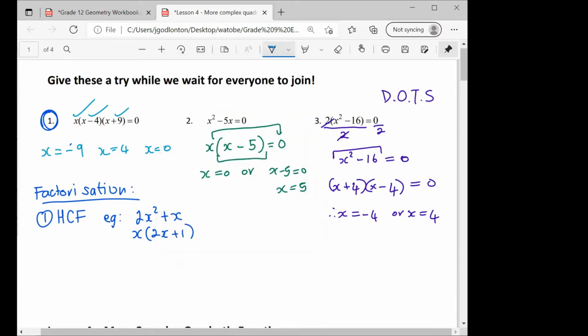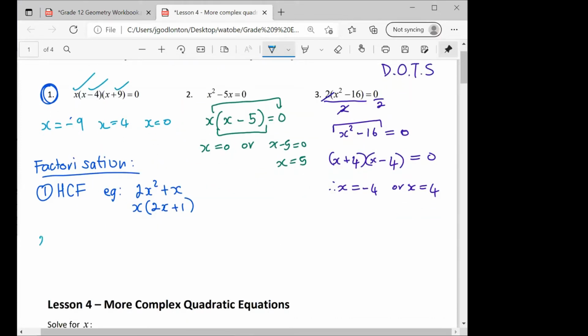The second thing we're going to look for is if there are two terms, could it be difference of two squares? Let's go through what those letters mean again. Difference means that there's a minus sign, like that minus sign. Of two means that there are two terms, and square means that they are both square numbers.